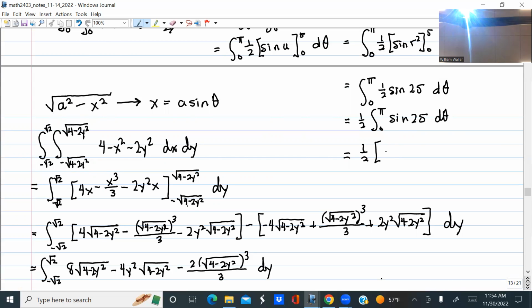Yes, theta times the sine of 25, evaluated from 0 to pi. When you plug in 0 for theta, you're going to get 0, and when you plug in pi for theta, you just get pi. So this turns out to be something like pi over 2 times the sine of 25.